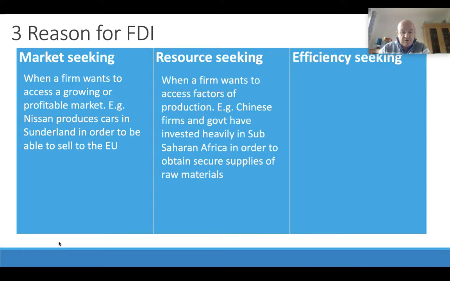Resource seeking would be another one then. A firm might want to access factors of production. So Chinese firms in the last few years have invested very heavily in sub-Saharan Africa in order to secure supplies of raw materials.